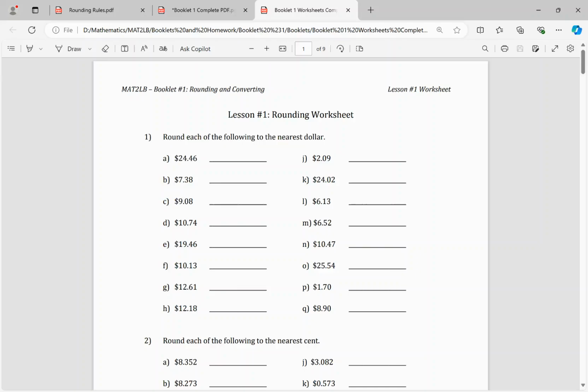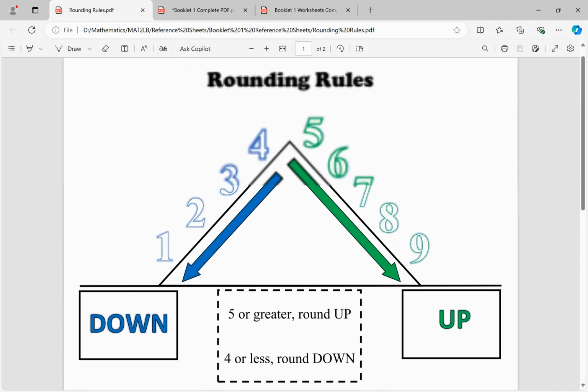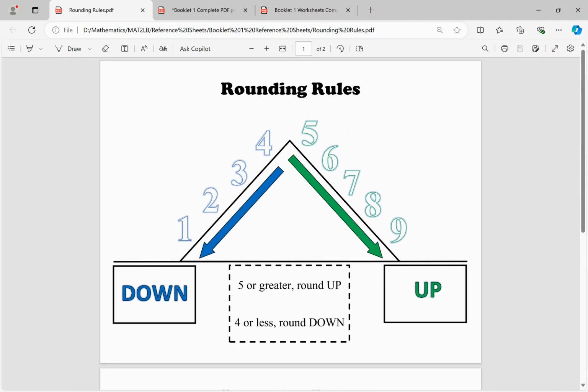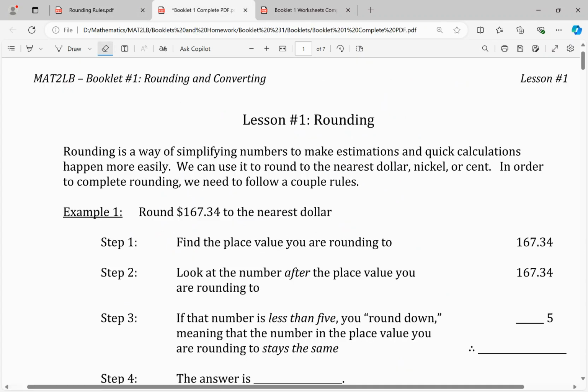And the third paper that I will be using today to help you out is actually in the back of your binder with your reference sheets. It looks like this, and it talks about the rules of rounding. Now, you do not need to take this sheet out of your binder, the rounding rules reference sheet. You're okay just to have this page up in your binder, the first lesson, and follow along with me.